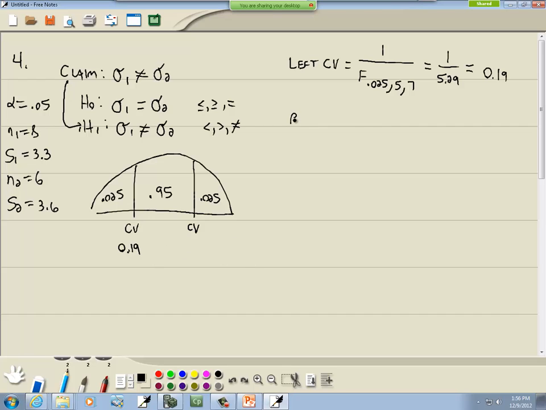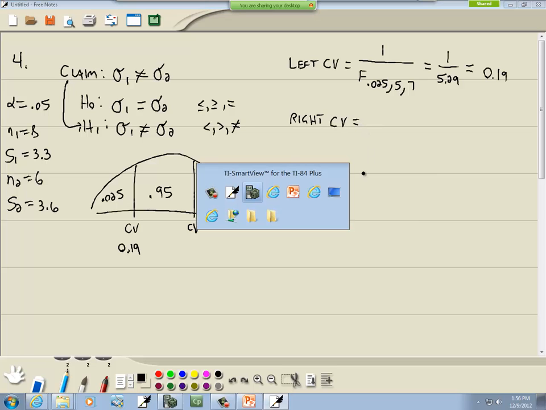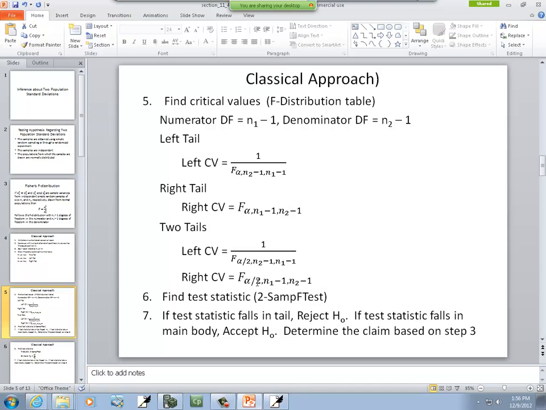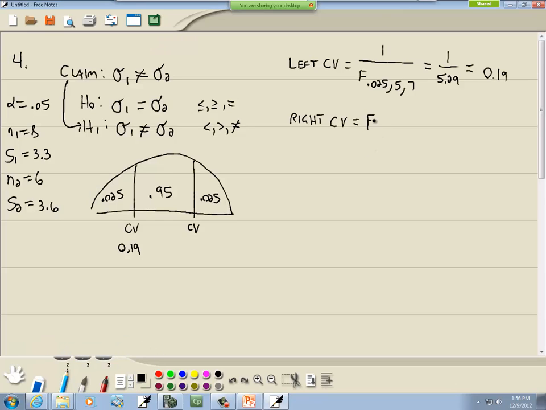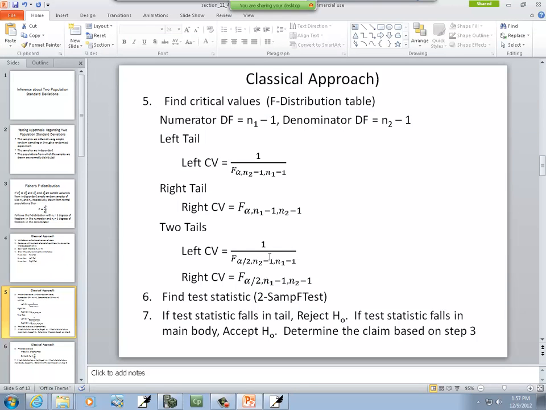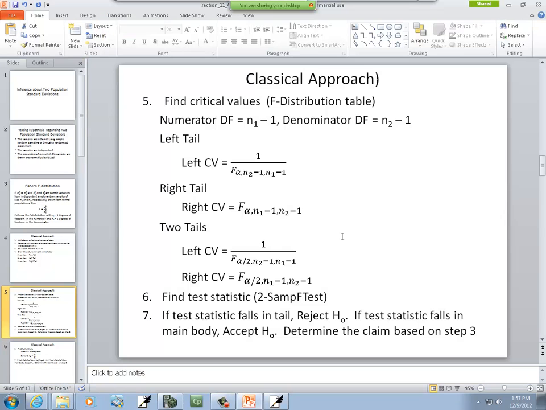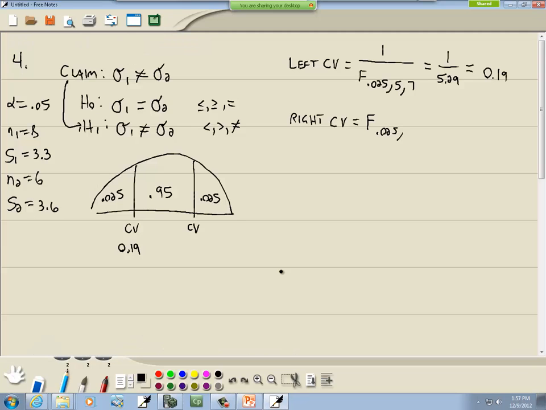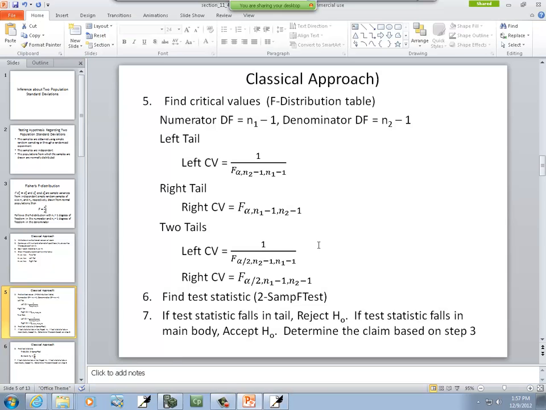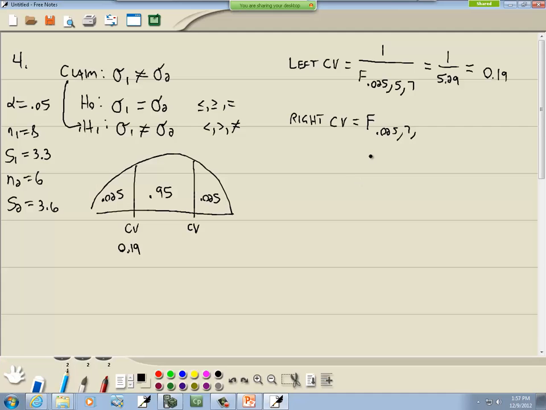Okay, now our right critical value from our sheet, it says F, and it says alpha divided by 2, so we're going to look up 0.025 again. And then N1 minus 1. Well, N1's 8, so we put 7 here. And then N2 minus 1, which was 6. 6 minus 1 is 5.